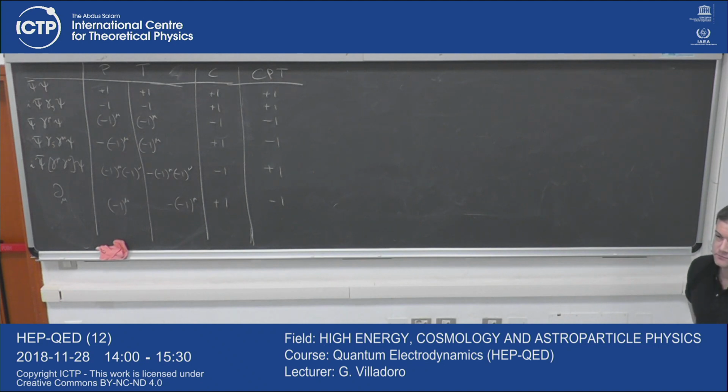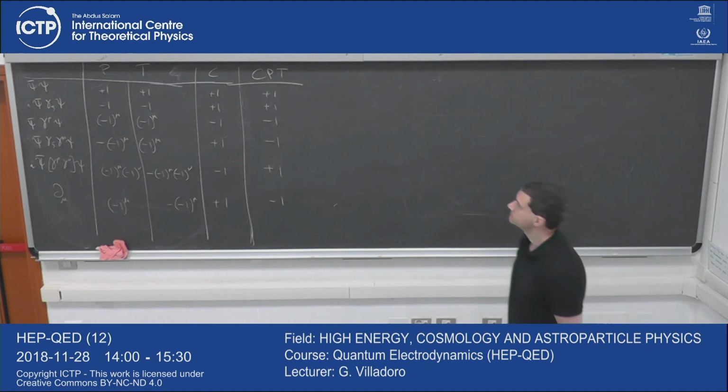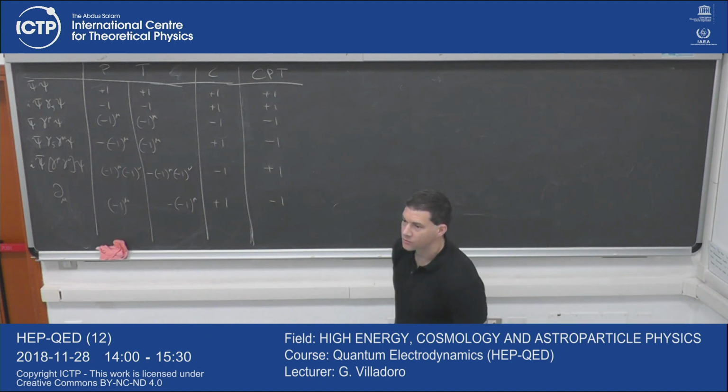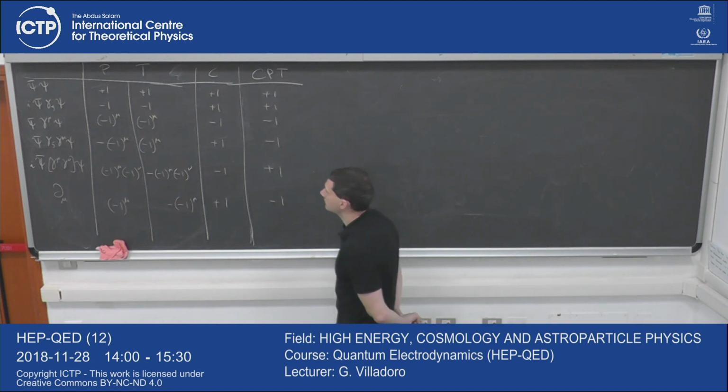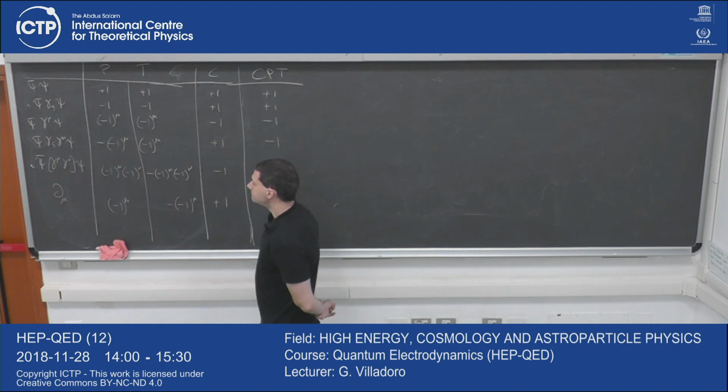If we didn't have any internal symmetry for our fields, then we would only have P and T, right? Yes, you just say that the field, for example a real scalar field, under charge conjugation goes into itself.